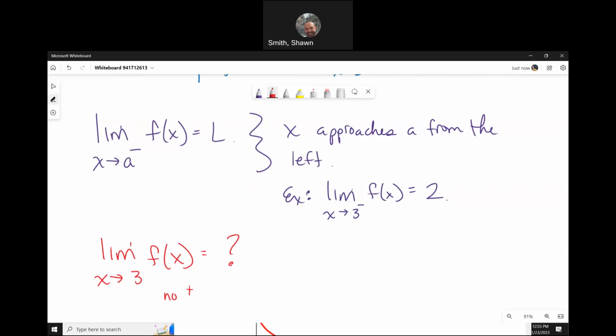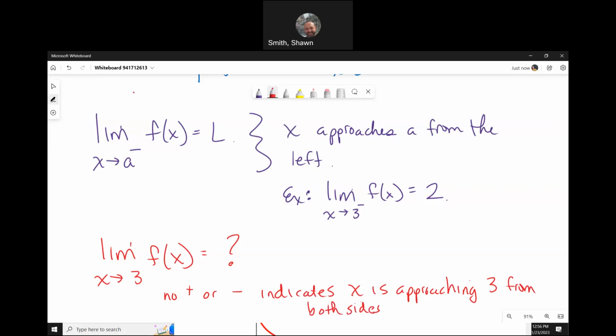So no plus or minus indicates x is approaching 3 from both sides.